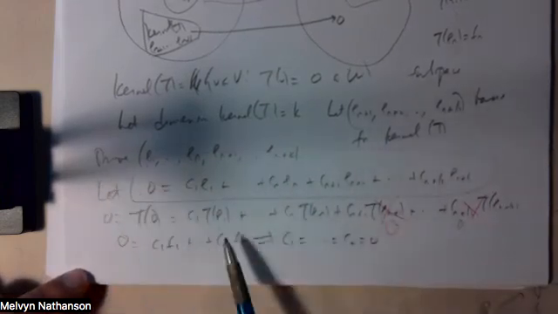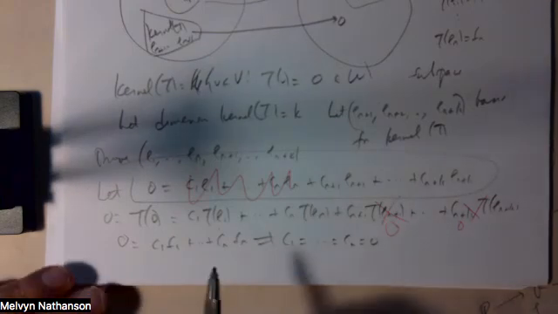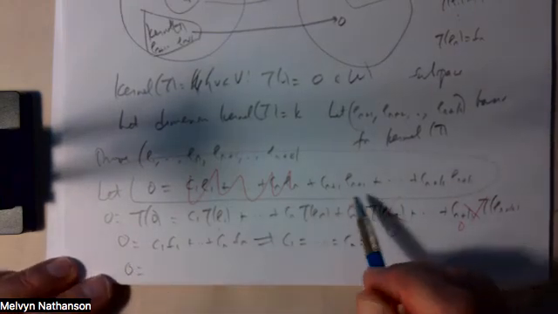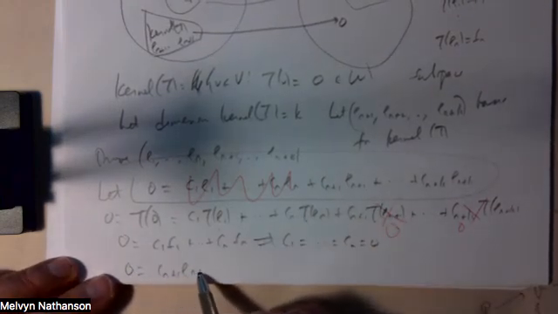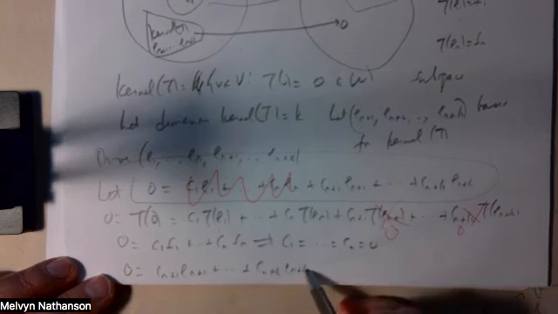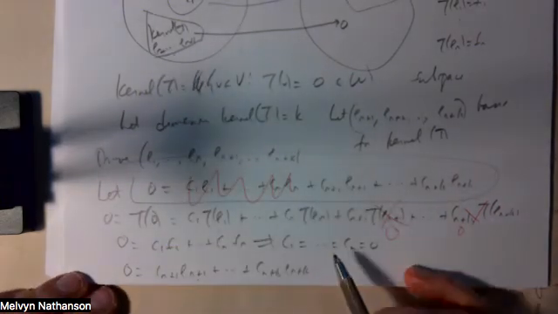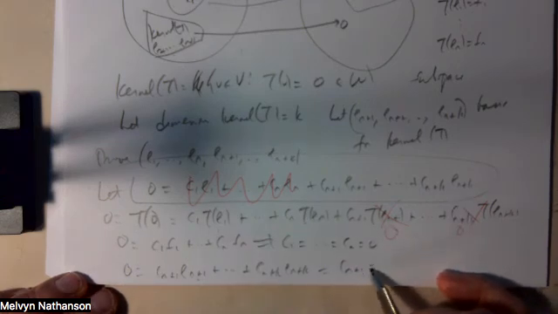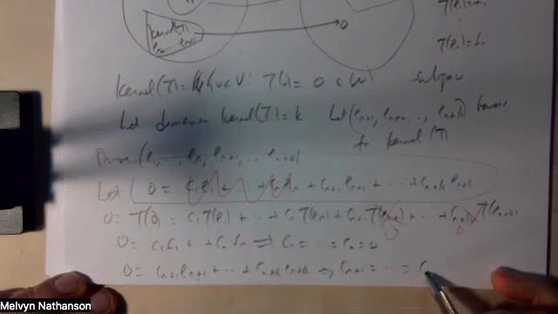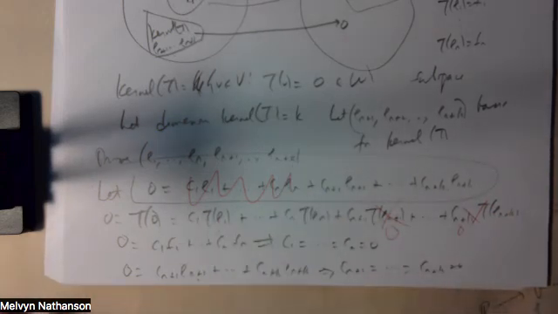So if I go back to this linear combination, these numbers are all 0, and I get that 0 is c_{R+1} E_{R+1} up to c_{R+K} E_{R+K}. But these K vectors form a basis for the kernel, so they're linearly independent. So all these coefficients have to be 0. So all R+K coefficients are 0, and this set of vectors is linearly independent.